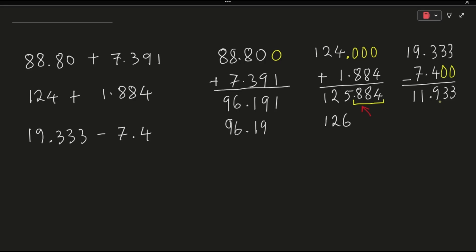Now, with 1 digit after the decimal point means we have to remove these 2 digits and present our answer as 11.9. So in carrying out subtraction or addition, our final answer should be left in the least number of decimal points as their original numbers have.